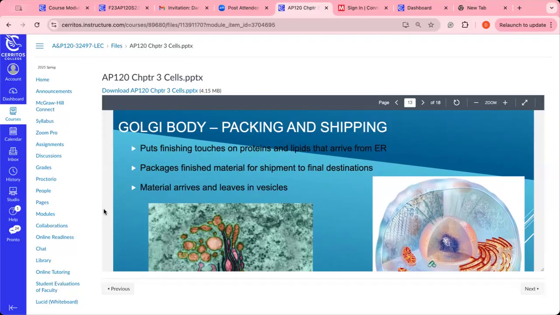They package finished material for shipment to the final destination, and the material leaves and arrives in vesicles. There are different kinds of vesicles that we're going to hear about, but those take place in the Golgi bodies.